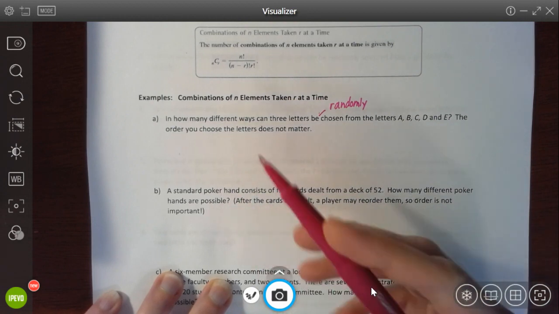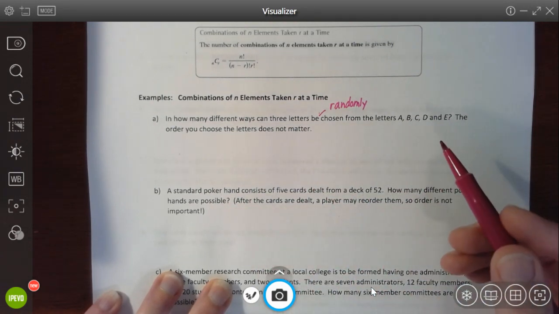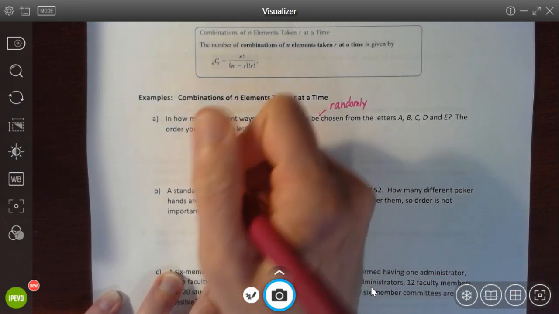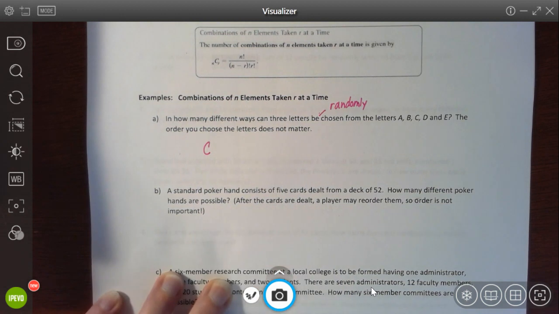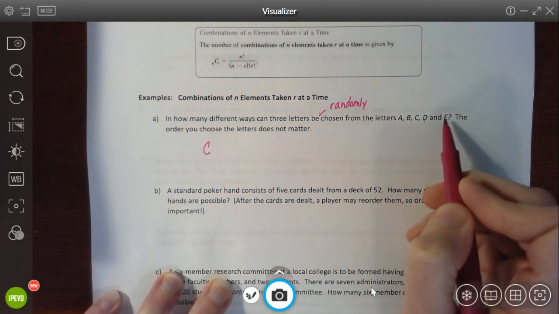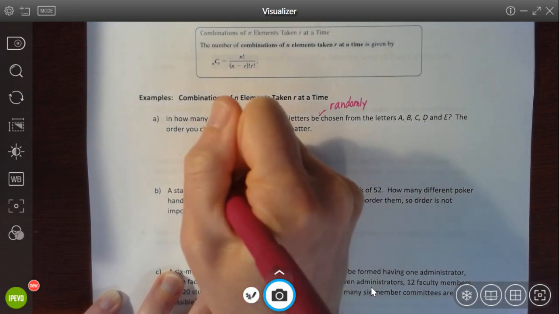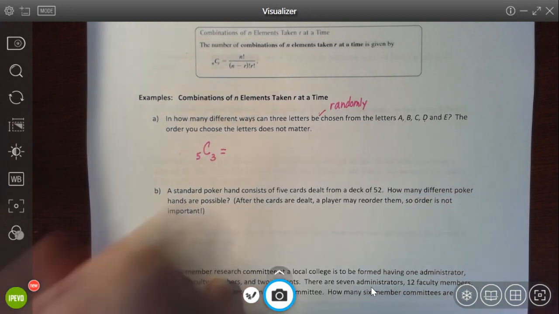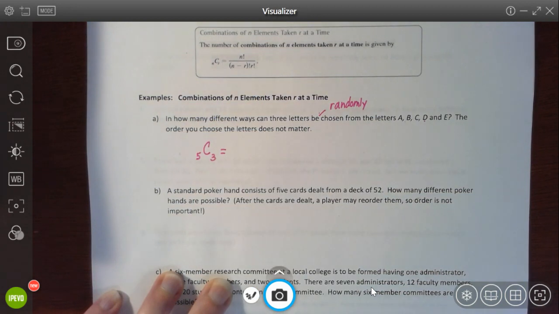Now, I could make a list of all the possible combinations, but for this problem, we're just going to jump right in and use our formula. So we're looking at a combination because order doesn't matter. We have 1, 2, 3, 4, 5 given letters, and we want to choose 3 of them. So I'm looking at a combination of 5 choosing 3.